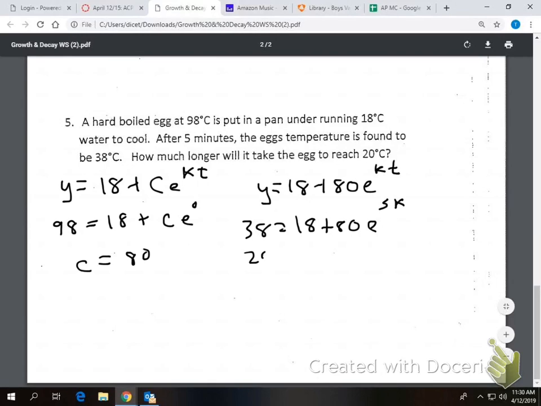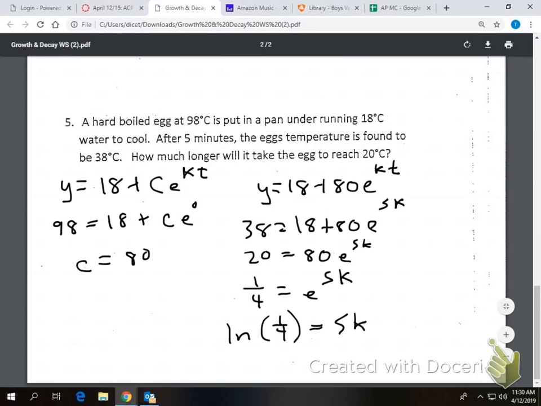Subtract 18, 20 equals 80 e to the 5k. Divide by 80, simplify that, 20 over 80 would be 1/4. E to the 5k. How do I get to k? I bring ln in the mix. So now we have the natural log of 1/4 or 0.25 equals 5k. Divide by 5. There's my k.